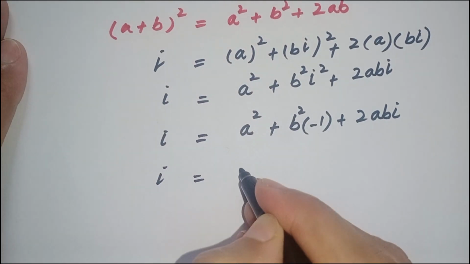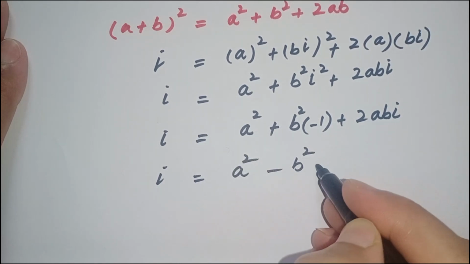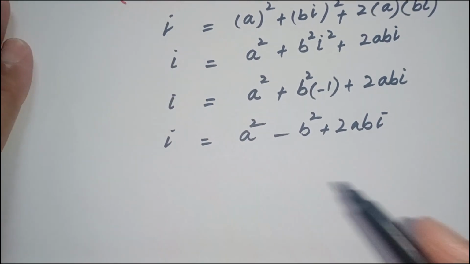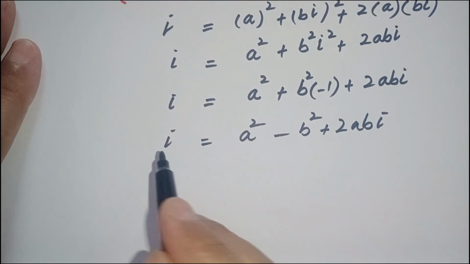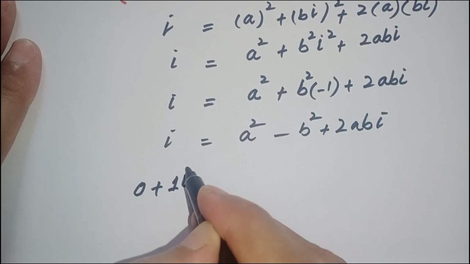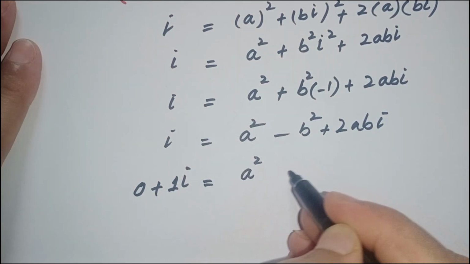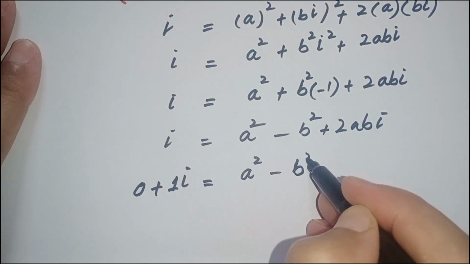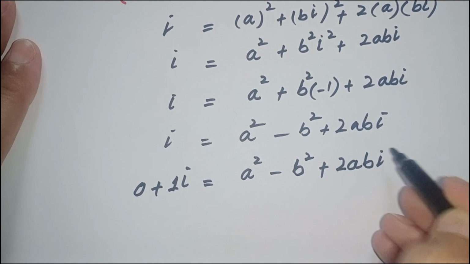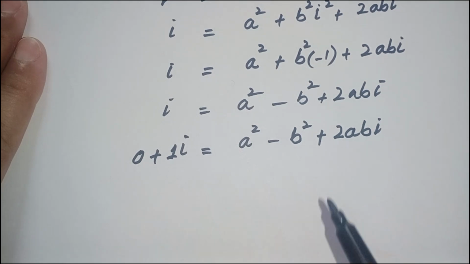In the next step, we write i is equal to a squared minus b squared plus 2abi. So we can write this i as 0 plus 1 times i, which equals a squared minus b squared plus 2abi.